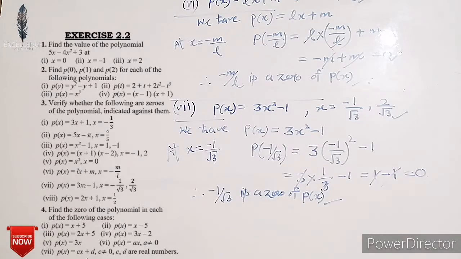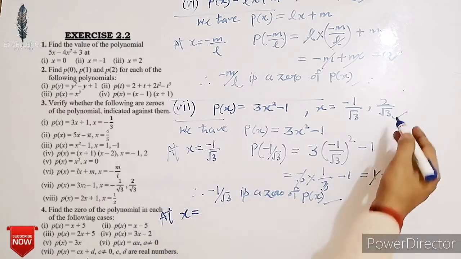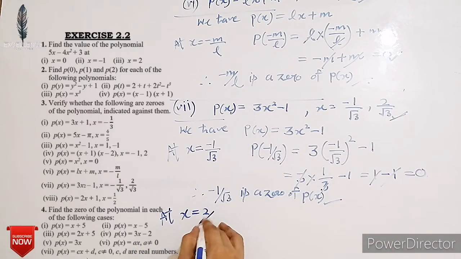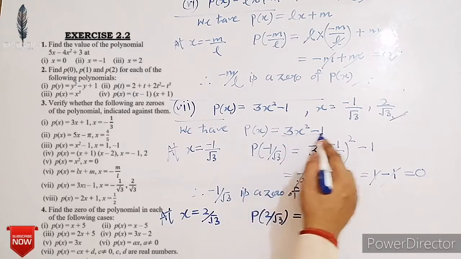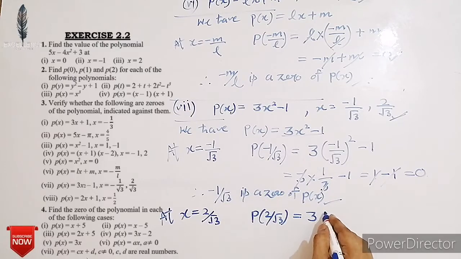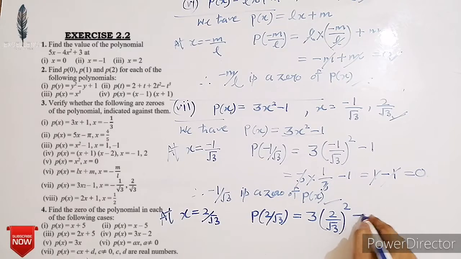Now at x is equals to 2 upon under root 3. So here P of 2 upon under root 3 is equals to 3 into (2 upon under root 3) whole square minus 1 is equals to 3 into 4 by 3.